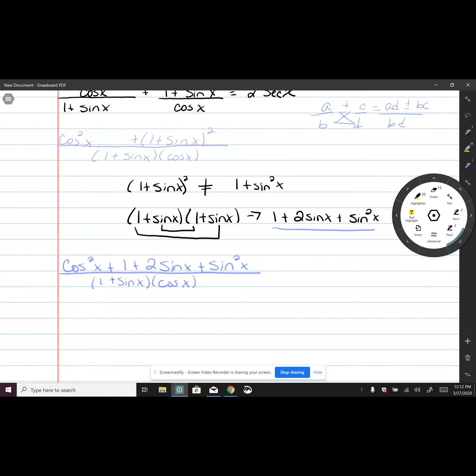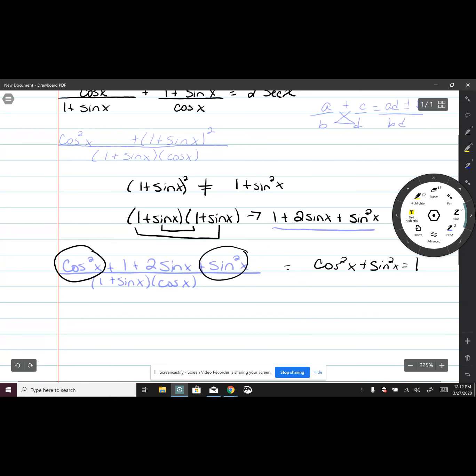So what you want to do, let's look at our numerator. As we're looking at our numerator, do you see an identity hiding in there somewhere? So hopefully you see that you have a cosine squared and a sine squared. Remember, cosine squared x plus sine squared x equals what? Equals 1.